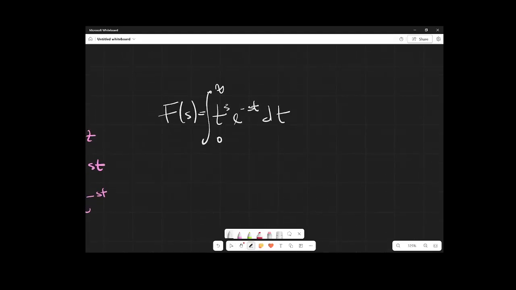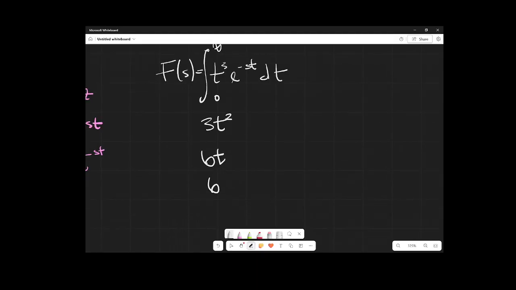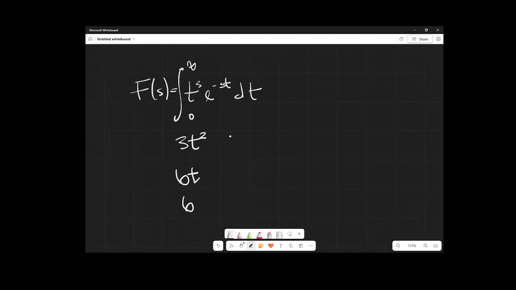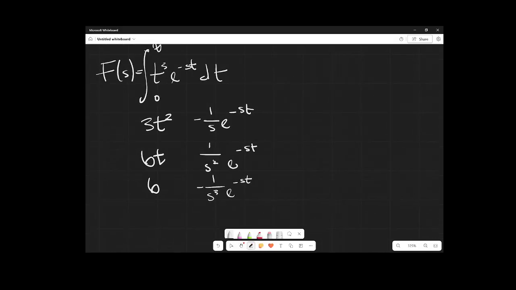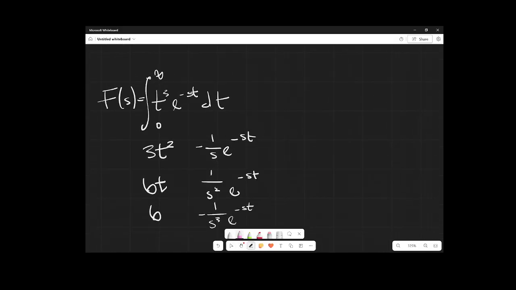And so taking the successive derivatives, and doing the cross multiplication here, and alternating the signs, right?